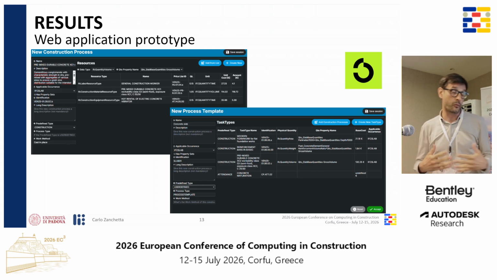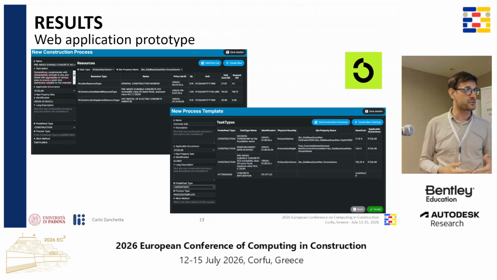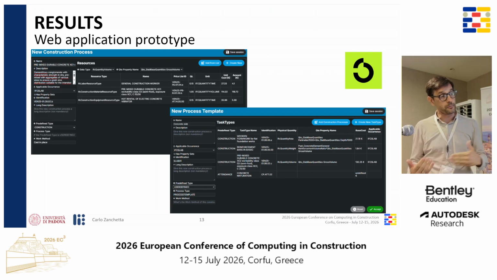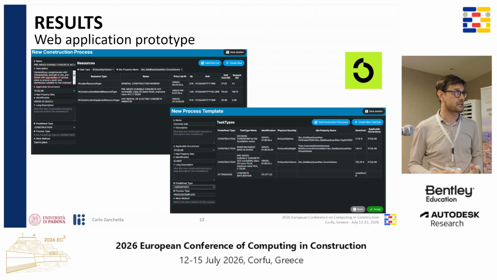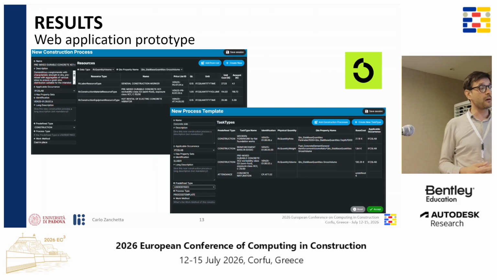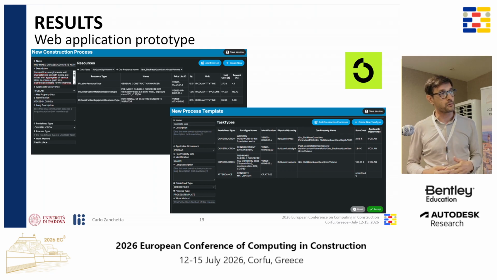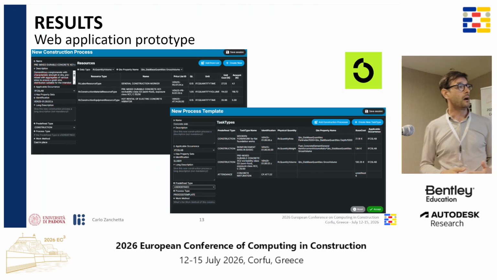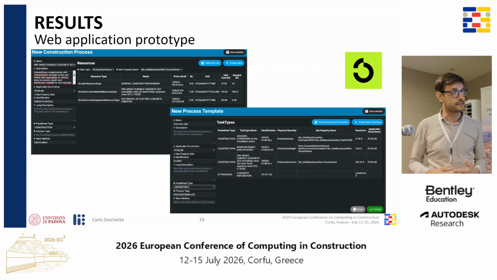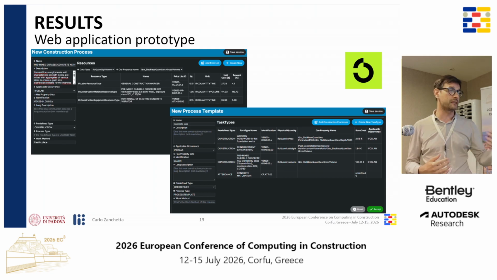Throughout this web application we can create a new process template, and in the process template you can aggregate multiple construction processes. Then by uploading the IFC model, we can connect the process templates to the building elements by mapping the resources that are assigned to the building elements.